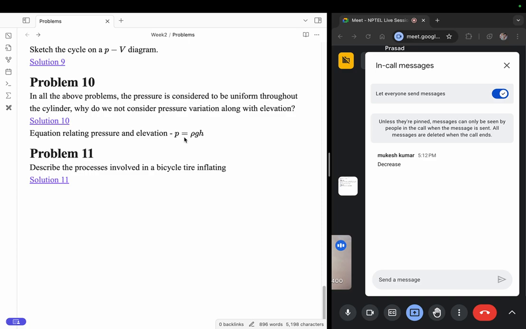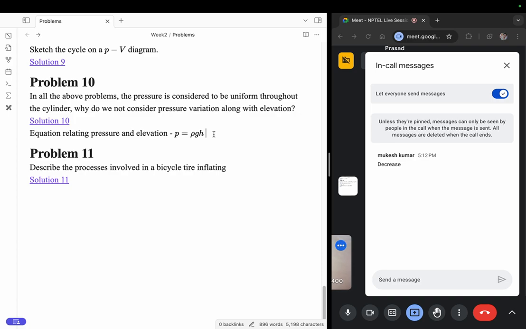Now we are saying that you are neglecting this one. So when can you neglect this equation? Either your h should be so small or your rho should be so small. Only in those two cases you can neglect this. In case of air, your rho is very small, close to 1 kg per meter cube.